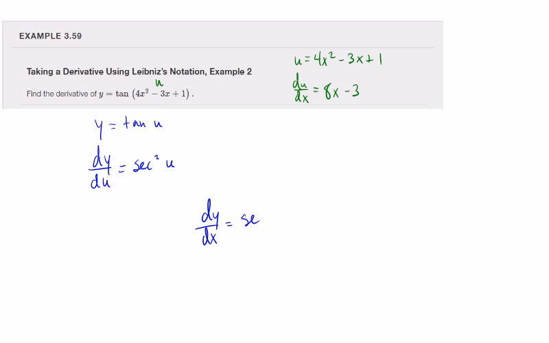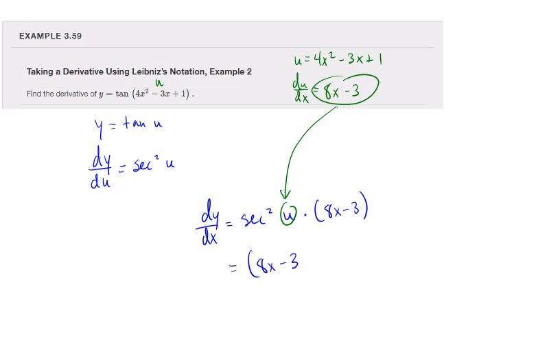So I'm going to put in secant squared u times 8x minus 3, and then we can just put this value for u back in there, right? And so if we wanted to, we could put this in front. I'll just do that, but either way is fine. And so make sure you just put parentheses around whatever you put inside the trig function.